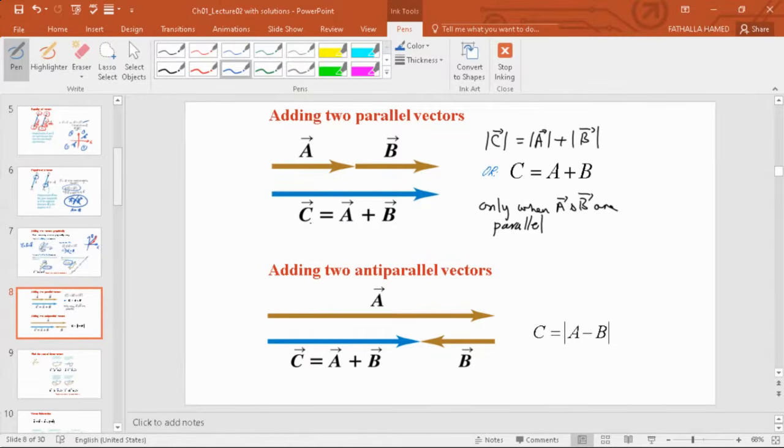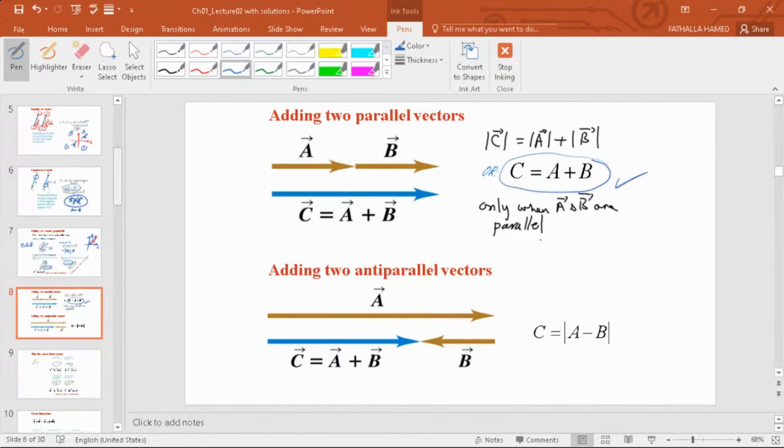So here you're adding C, which is equal to A plus B. Now, in this particular situation, it's also safe to say that C is equal to A plus B, where C is the magnitude of vector C, A is the magnitude of vector A, and B is the magnitude of vector B.